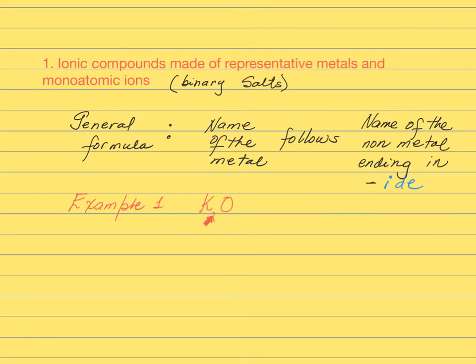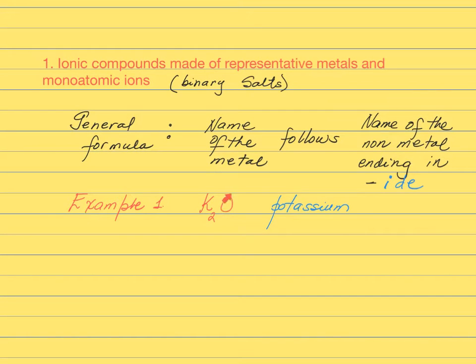You have your first sample over here. Potassium is in group 1, and then you have only one non-metal, meaning that you have a monoatomic ion. How are you going to name that compound? First, the name of the metal, potassium. And remember that you're always going to have a periodic table, so you're not going to have any problem looking for the name of the element.